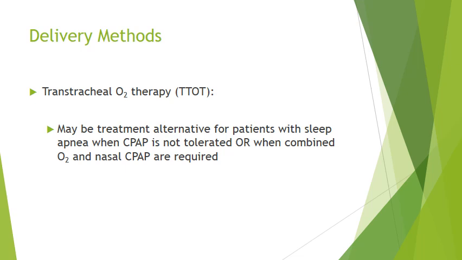They just can't do it. Or when combined, O2 and nasal CPAP are required. So if you have someone with higher oxygen needs and they're trying to use a cannula and a nasal CPAP and they're still having a hard time maintaining their levels, since the transtracheal oxygen goes directly into the trachea, it may be a better alternative for the patient versus having to use a lot of other devices.